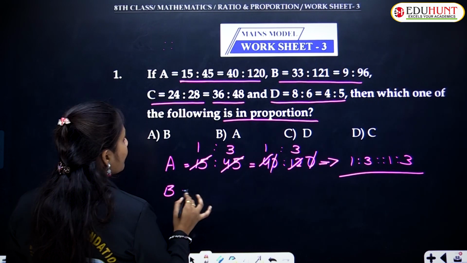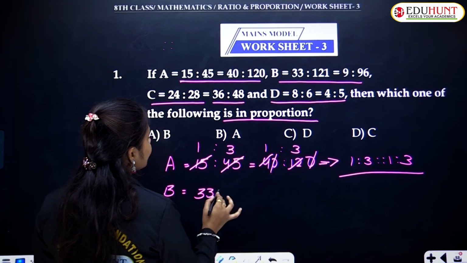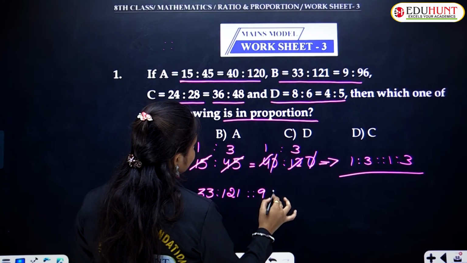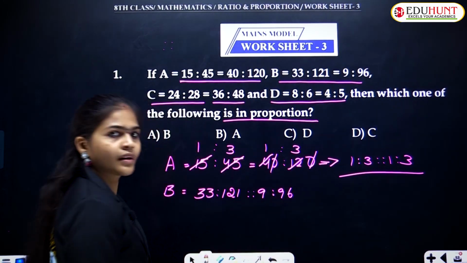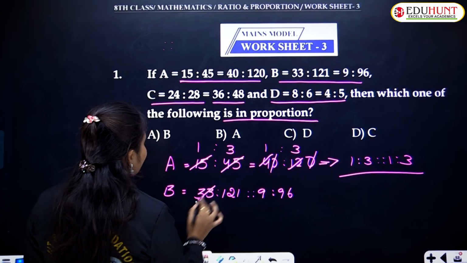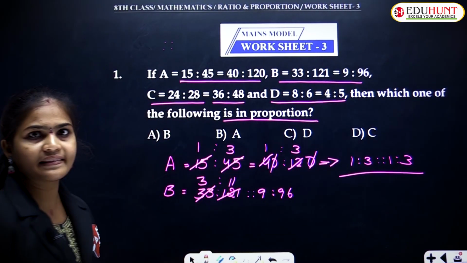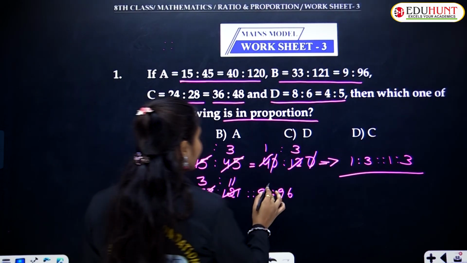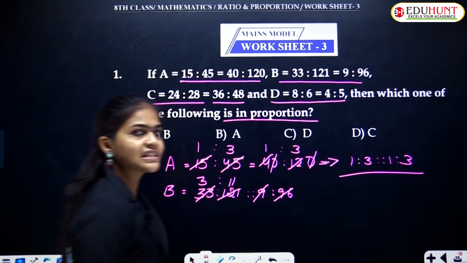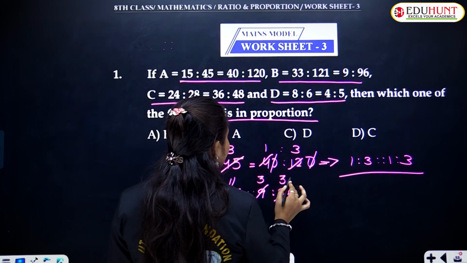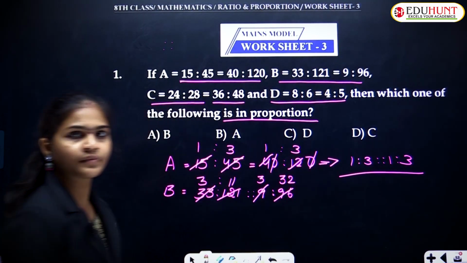What is that? B is equal to 33 is to 121, which is as 9 is to 96. Okay. See here, 11 threes are 33, 11 elevens are 121. So here the ratio is 3 is to 11. And come to this one. Here these two numbers cancel by 3. 3 threes are 9, 3 thirty-twos are 96.